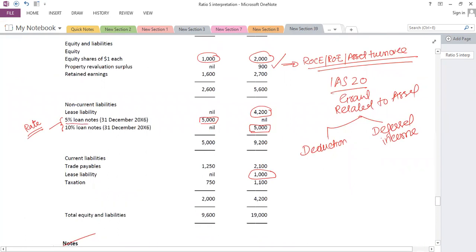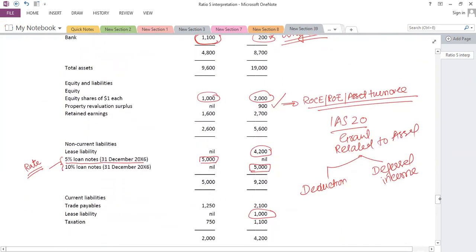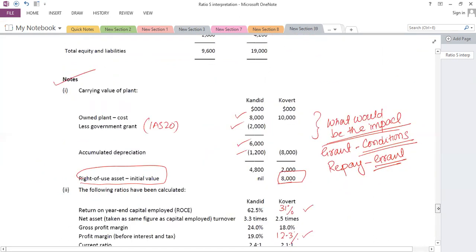The 5% loan notes, they have to pay in December 20x6, after 1 year. So both have to pay their loan. You can round it off, no problem. There is no difference. You can take the whole figure. The examiner will give you full marks despite rounding off and things like that.